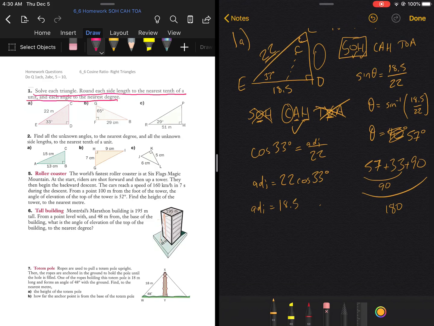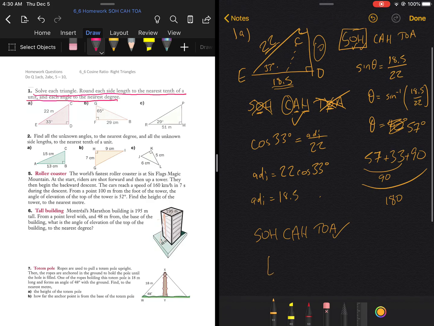So let's solve it. We have opposite, we have adjacent. Let's write SOH CAH TOA again. We have the angle, we have the adjacent, and we want the opposite.